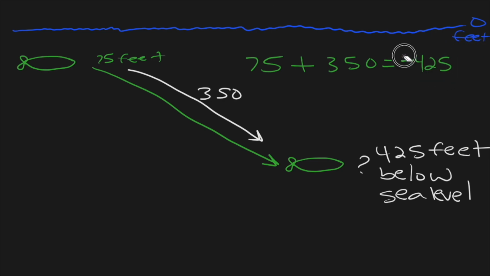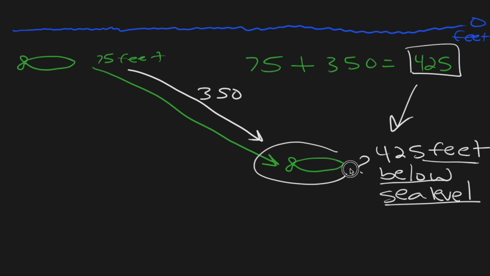And take away the negative, we would have had 75 plus 350 equals 425. Remember, distance cannot be negative. It's always positive. But 425 feet below sea level lets us know that they're located approximately right there.